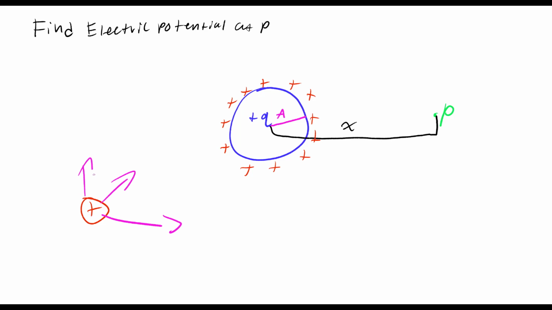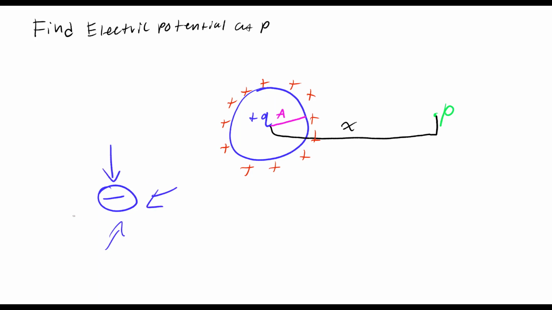So we have our electric field lines coming out. However, when you're dealing with negative charges, everybody's attitude gets to you. You have everything coming towards you. Not good. You're pretty sad.